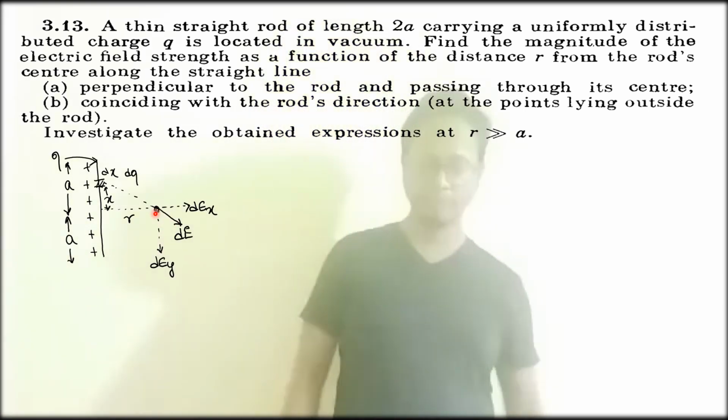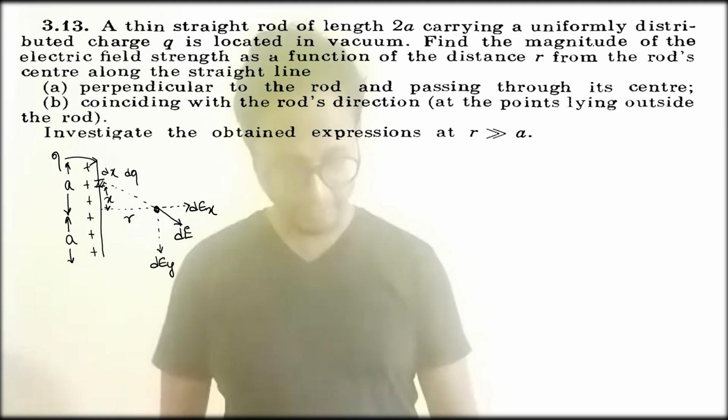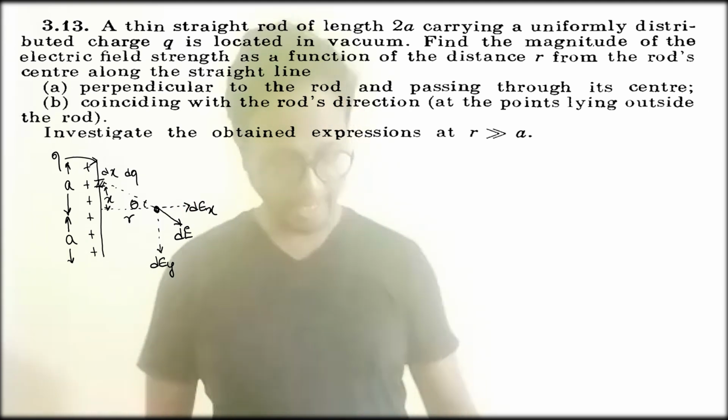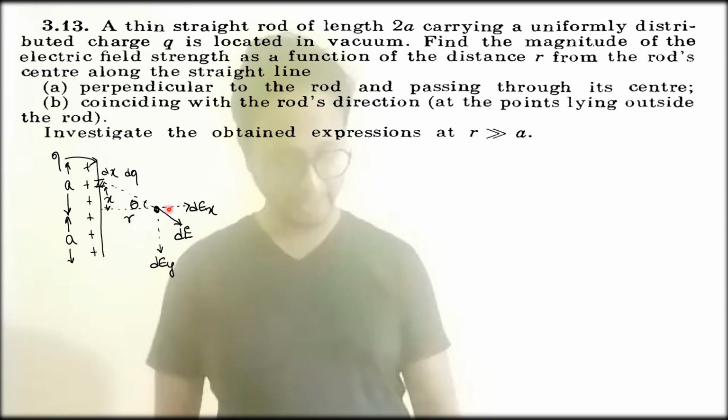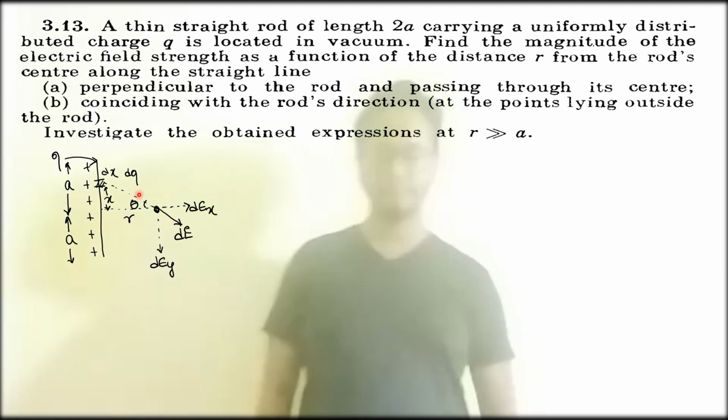So how do I know the value of dEx? If I introduce an angle theta, I can easily say dEx is equal to dE cos theta, because if this angle is theta, this angle would also be theta.